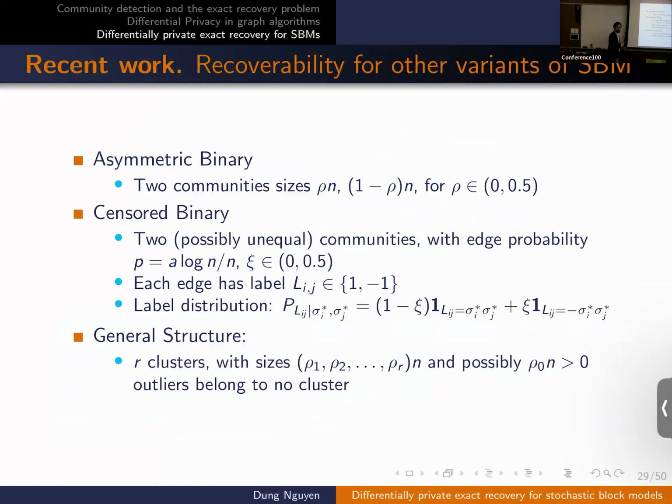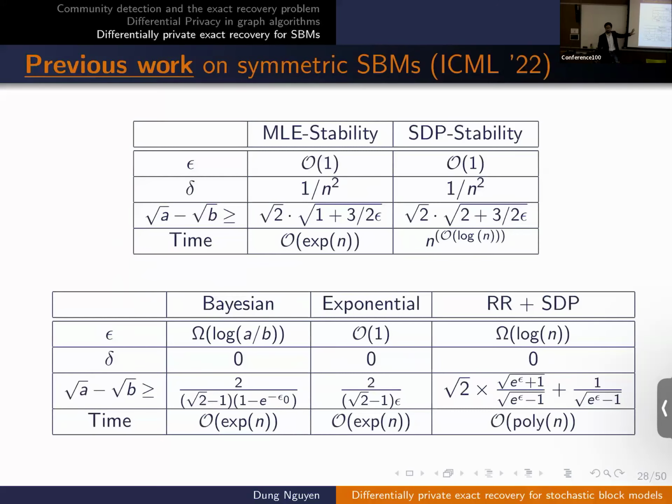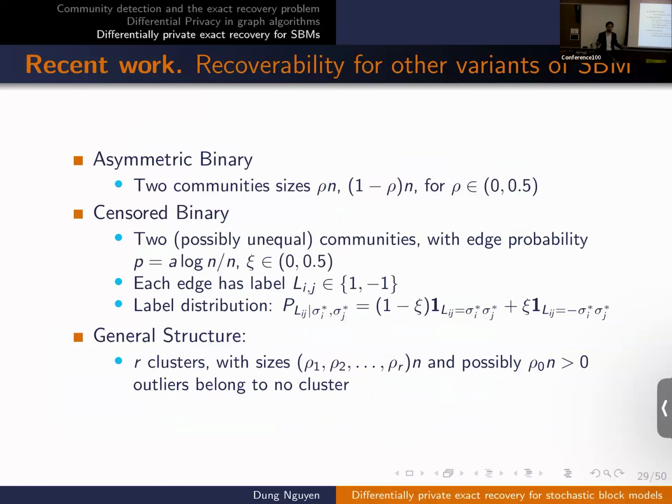In the ICML 24 paper, we extend the framework to solve other variants of the SBM. In the previous slide, I showed the result for the symmetric SBM, when all of the communities have the same size. But in the extended version, we work with other variants of the SBM: the asymmetric one, the censored binary one when we have labels for the edges, and the general structure when we have multiple communities and some outliers.